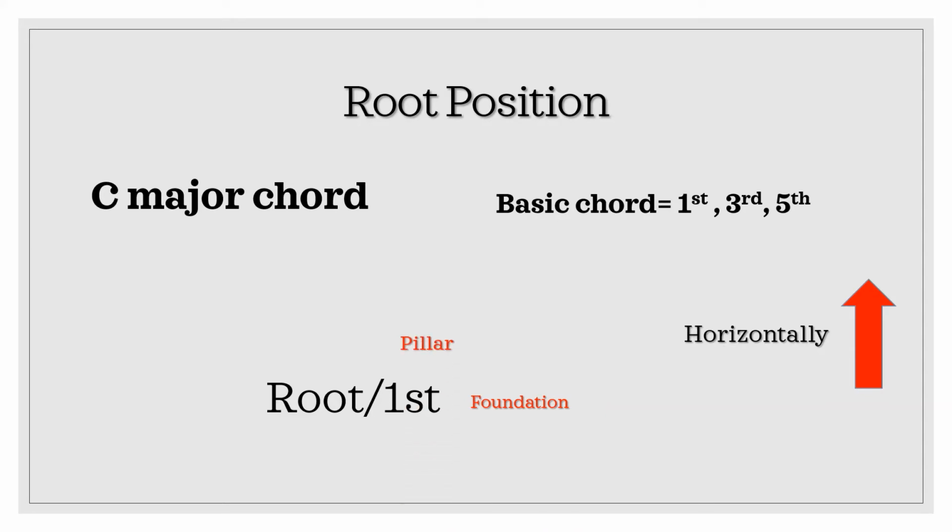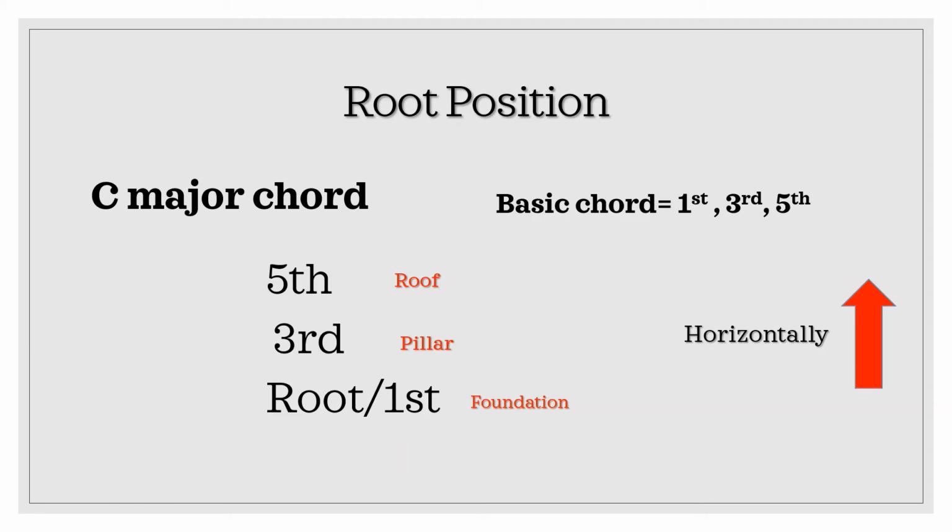Then we have the pillars of the house, which would represent the third in this case. And lastly, the fifth, which of course would be the roof. So now we know that the root or the first has to be the foundation, the third would act as the pillar, and the fifth would act as the roof in root position.